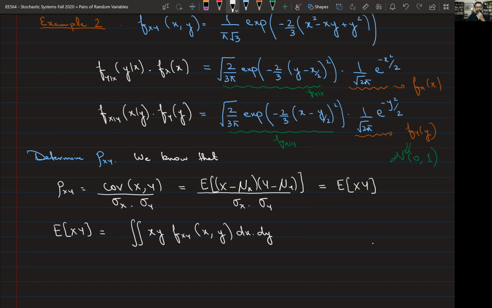The hard way is to plug in this expression from 1 into this expression in 2, and start integrating, and you will be able to obtain some result. That's doable, but it's a very tedious way of doing it. There's a much simpler approach.